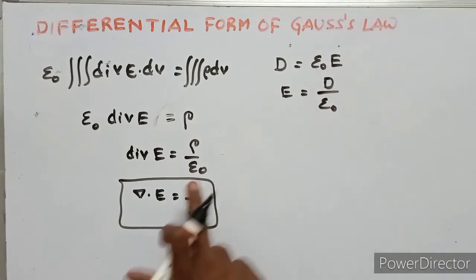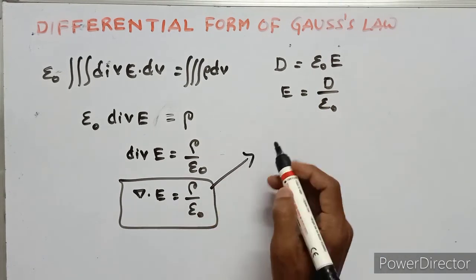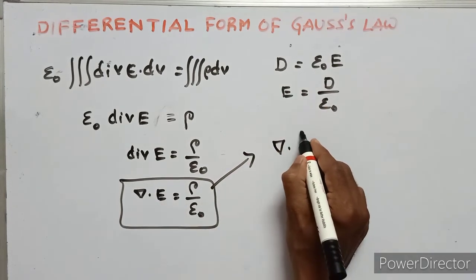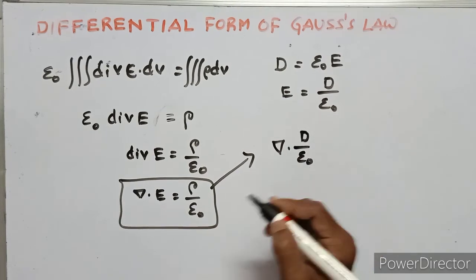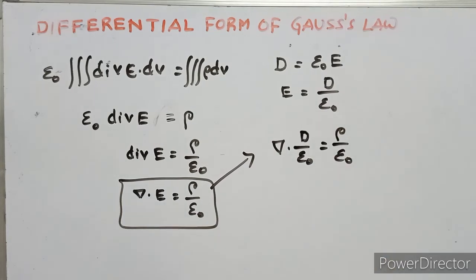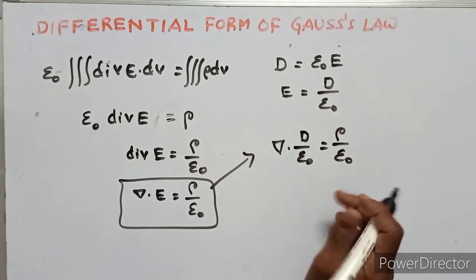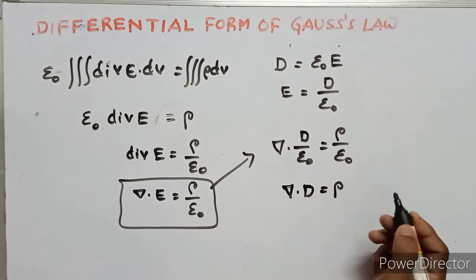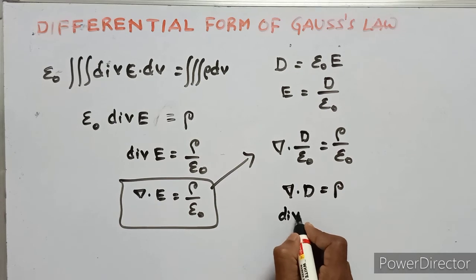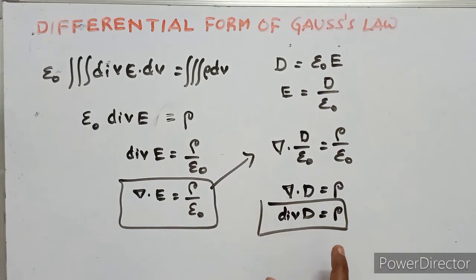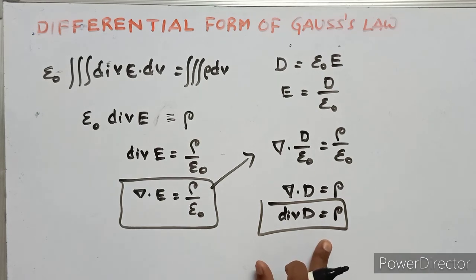This equation, substitute in this equation, del dot E is D upon epsilon naught is equals to rho upon epsilon naught. Epsilon naught is cancelled. Del dot D is equals to rho. That means divergence of displacement vector is equals to rho. This is also another differential form of Gauss law.